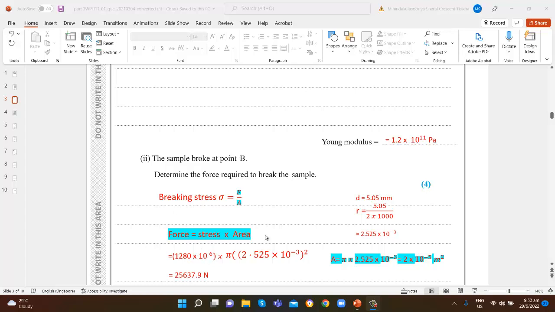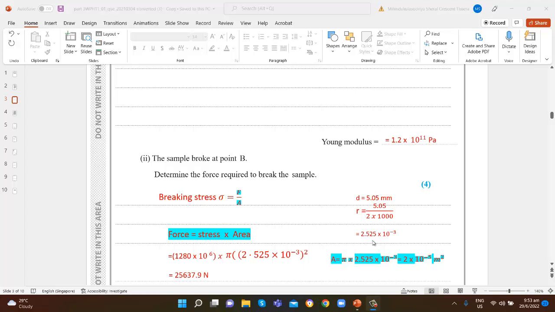Then the area. They have given the diameter. When they give the diameter, it is just to find the area. So first you have to find r by dividing by 2. It is given in millimeter, so you have to convert to meter, so you further divide by 1000.